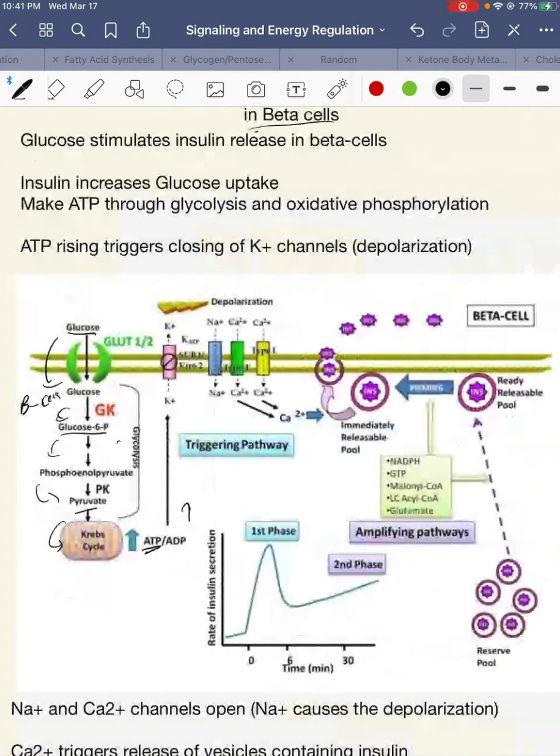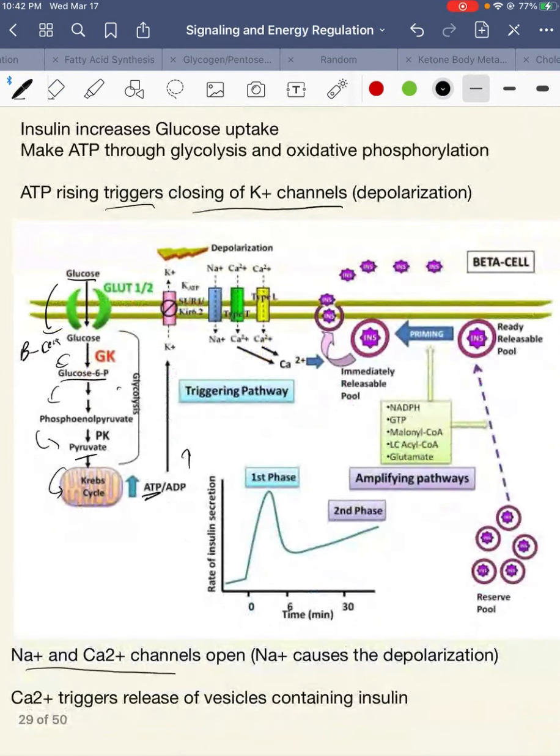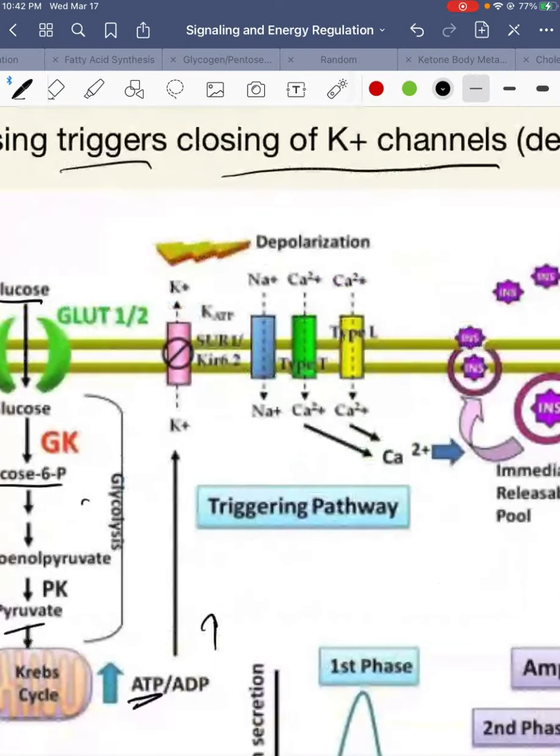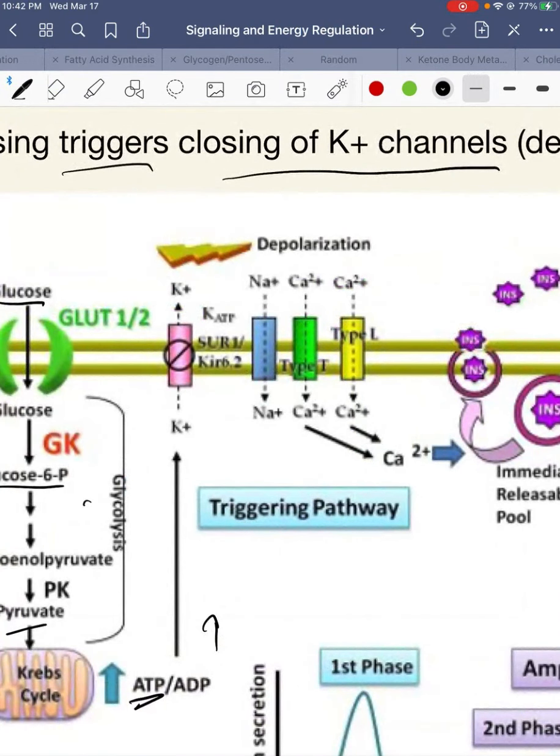When ATP rises, this triggers closing of potassium channels, and in the process, sodium and calcium channels open. Okay, so potassium has high concentration inside the cell and low outside. So if potassium channels are open, it allows positive potassium to leave the cell. So if we inhibit this, we're inhibiting positive molecules leaving the cell. So this will allow the inside of the cell to be more positive.